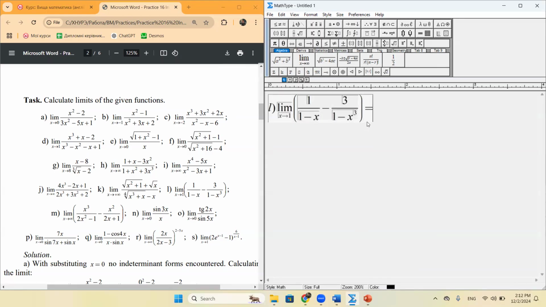So, which indeterminate form do we have here? What can you say about it? Probably we can use the formula with cubes here.